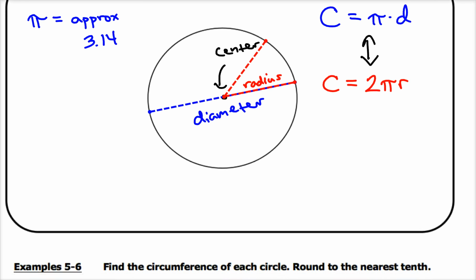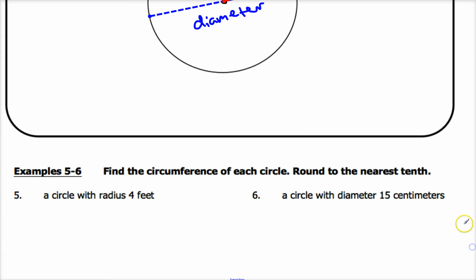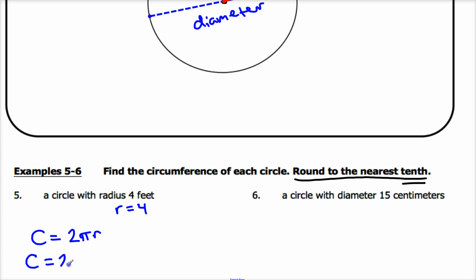And we're going to use those formulas now for these last couple of examples. And for these formulas, we're going to round our answers to the nearest 10th decimal place. So for number 5, we have a circle with a radius of 4 feet. So we're given the radius r equals 4. So to find my circumference, we're going to use the formula c equals 2 pi r. And again, we're letting 3.14 be equal to pi for this problem.